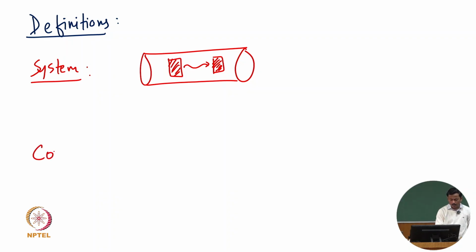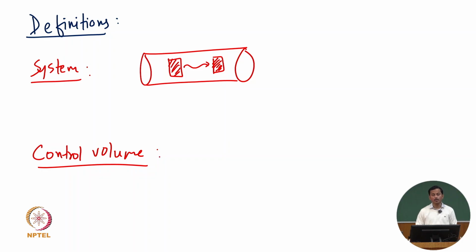And the other definition is control volume, which I had mentioned previously during the Eulerian description of motion. Briefly, it is a region in space which is bounded by a control surface.